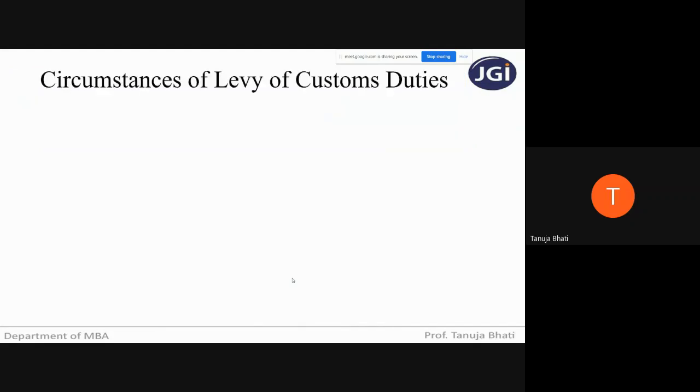So students, under circumstances of levy of customs duty, we have first seen what is the charging section. Under the Customs Act, the first section that charges the levy of customs duty is section number 12. So section number 12 of Custom Act is a charging section. Under this section, custom duty is levied on the goods that are being imported or exported into or from India.